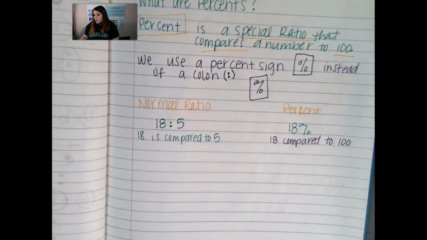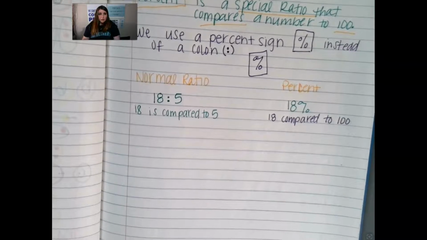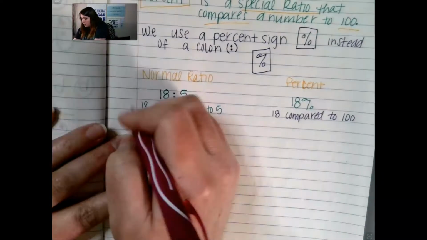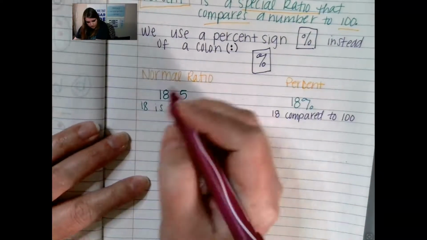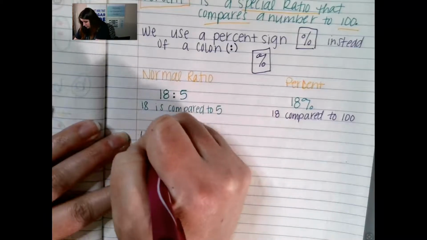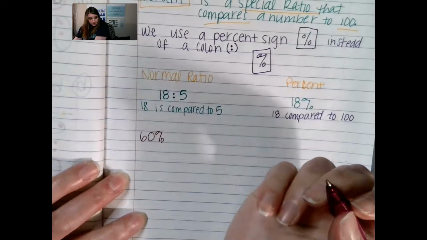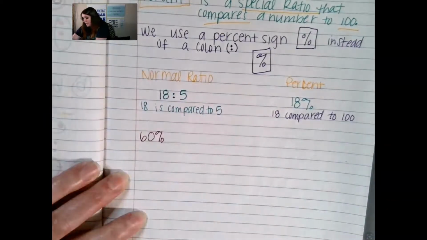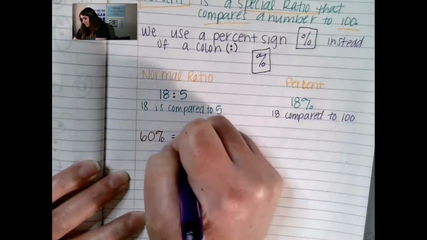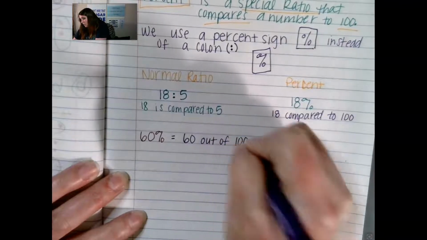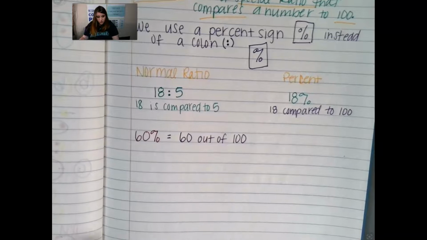All right, so let's talk about this a little bit more. Let's say that I had the number 60%. 60% is like saying 60 out of 100.